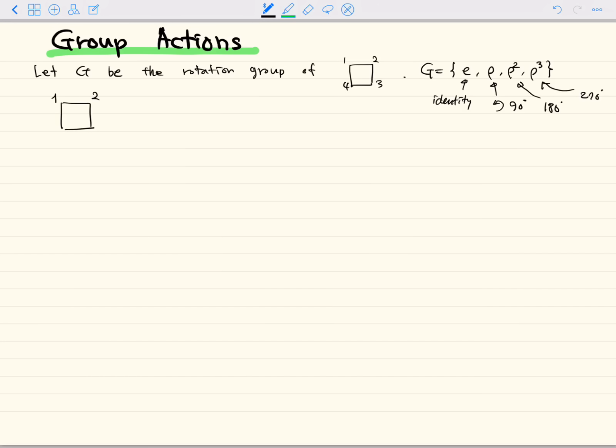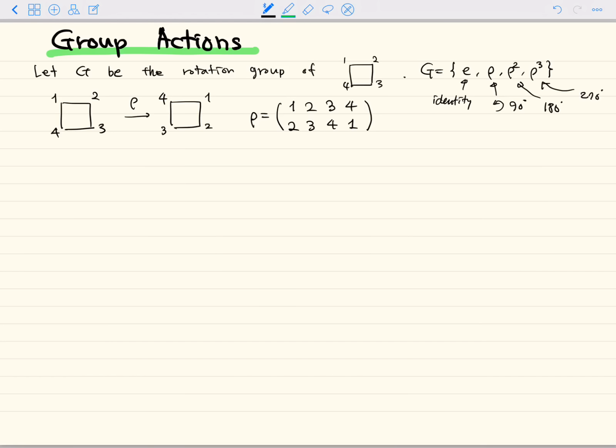So if we apply rho to the square, then the labels will change like this. In this case, we are going to write rho as a permutation of the vertices 1, 2, 3, 4. 1 is in the position of 2, so we write like this: 2, 3, 4, and 1.